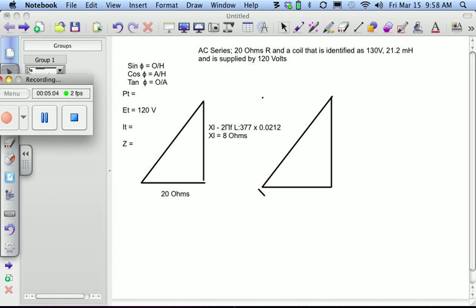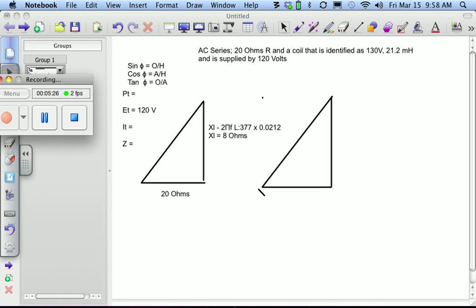So we put in second function tangent, 8 divided by 20. That gives us an angle of 21.8 degrees. So that's our first answer, 21.8 degrees.